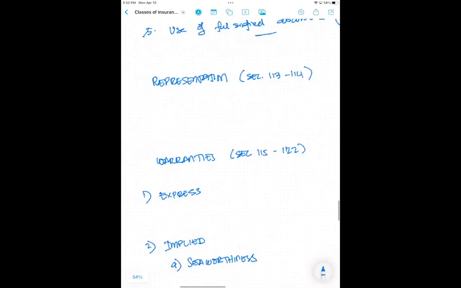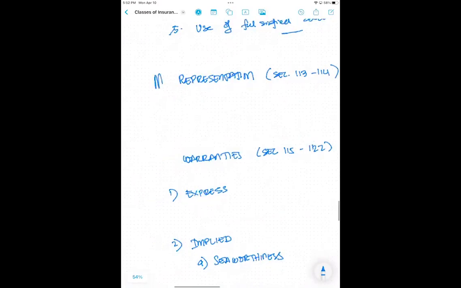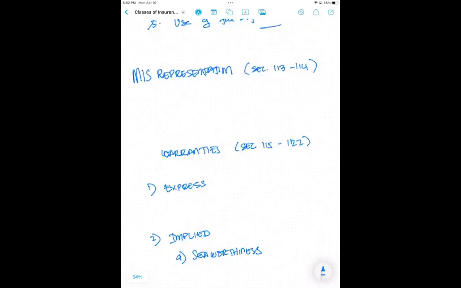representation. Okay? So actually, as a ground to rescind the contract, it has to be misrepresentation. I hope you can still recall what representations are. These are collateral statements, either oral or in writing. And in case these representations or collateral statements turn out to be false, then that would be misrepresentation, and it will actually give the insurer the right to rescind the contract.